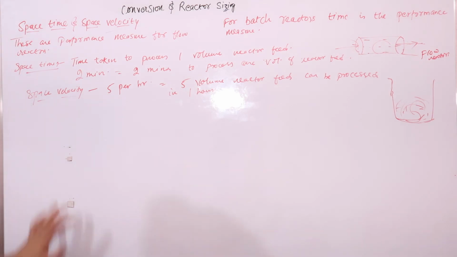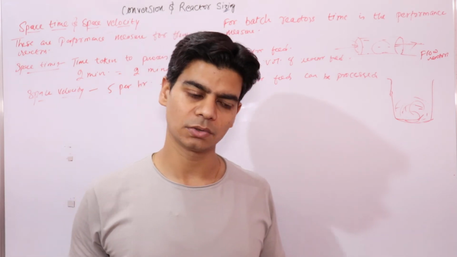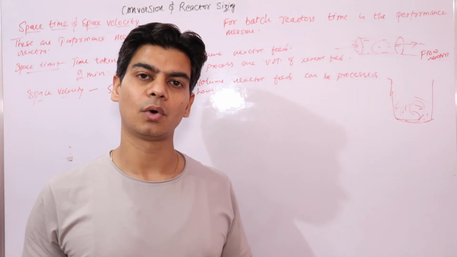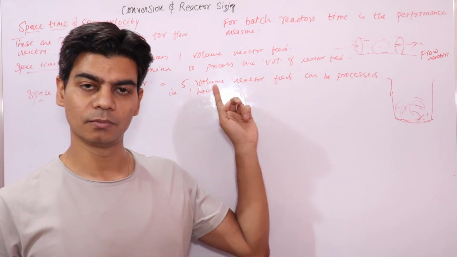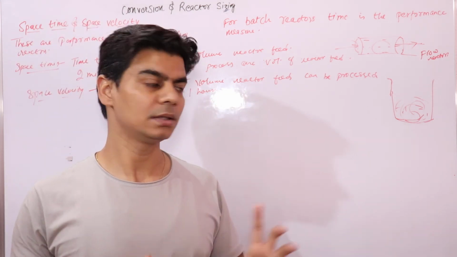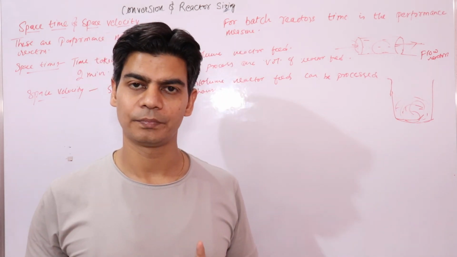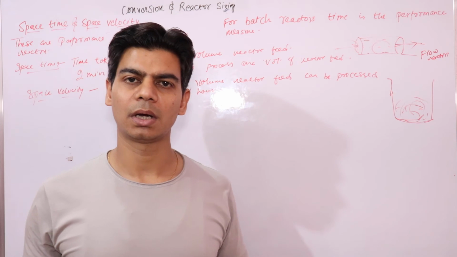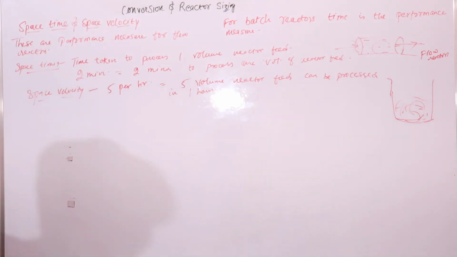So space velocity is the number of reactor volume feeds that this reactor can process in 1 hour, or maybe 1 minute, likewise, the way you are calculating it.